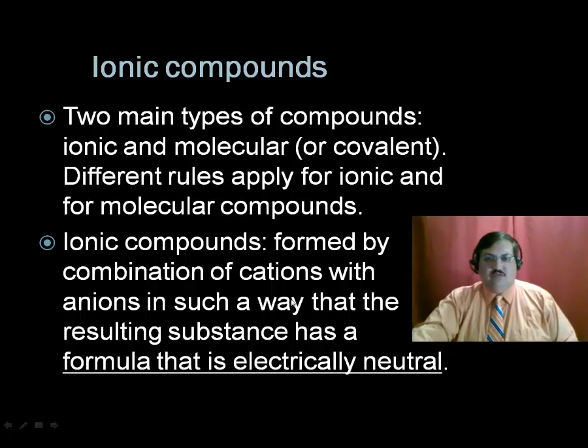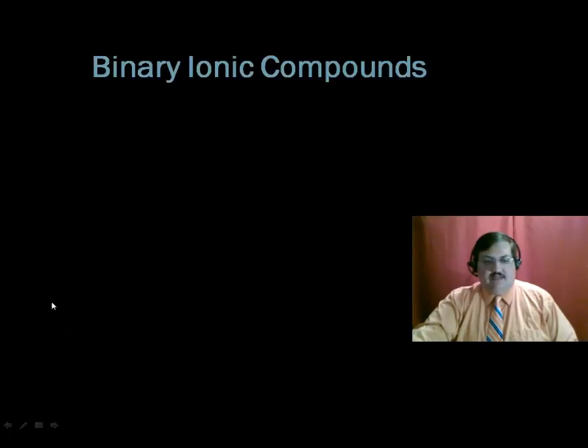An easy way to remember which one's which: a cation is going to be positively charged, and the T in cat looks like a plus sign. Anions are negatively charged, and being like anti would be a negative end of it.